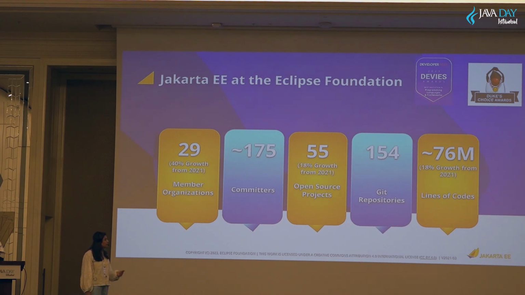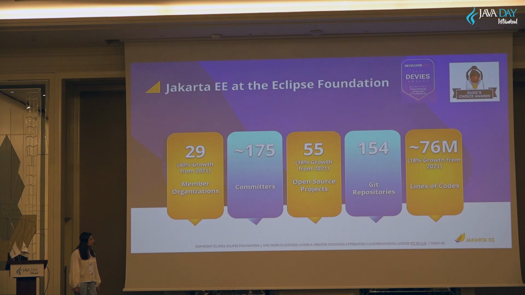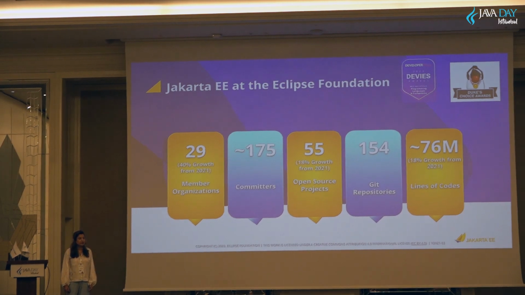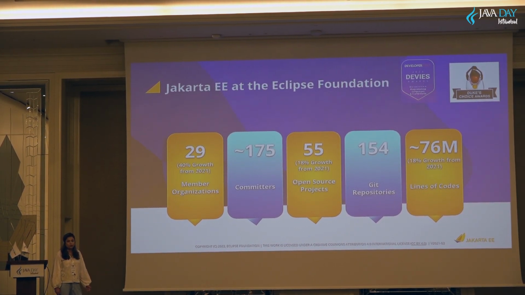We have around 154 Git repositories, and 18% growth year over year in terms of lines of code, which is 76 million right now. That is a good representation of the fact that we have a very growing and dynamic community within the Jakarta space.